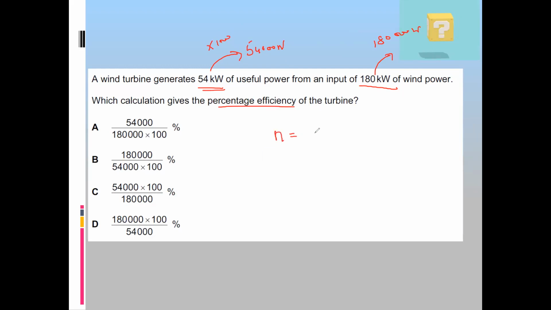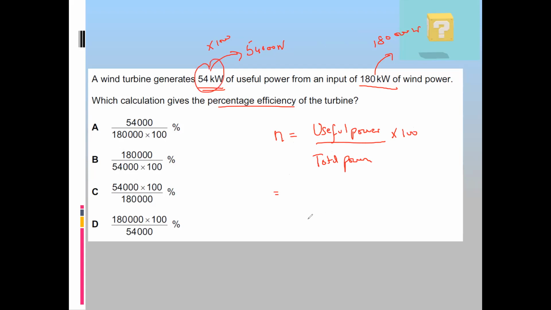So the formula for efficiency is the useful power divided by total power input multiplied by 100. So how much is the useful power?